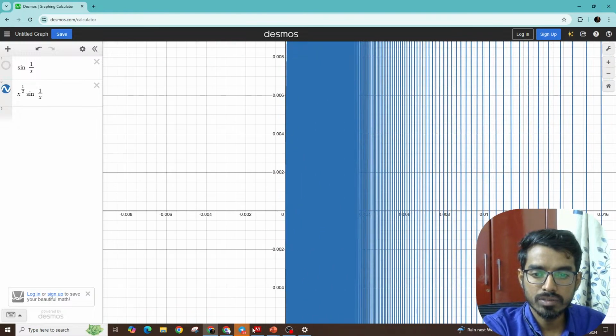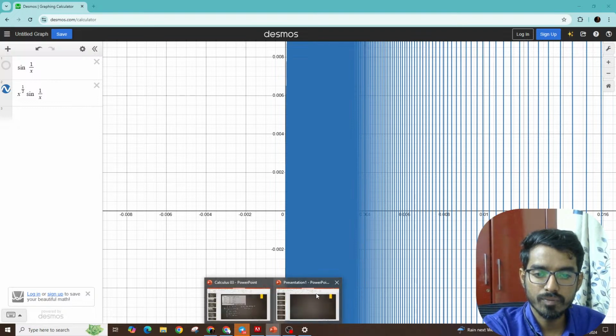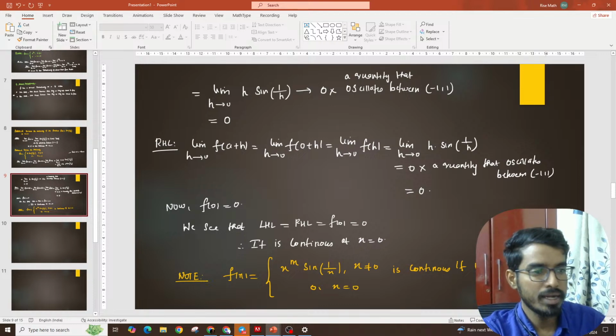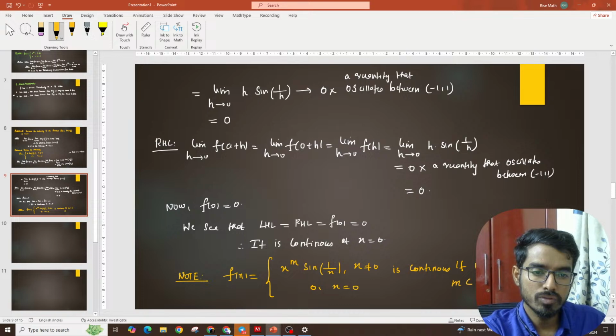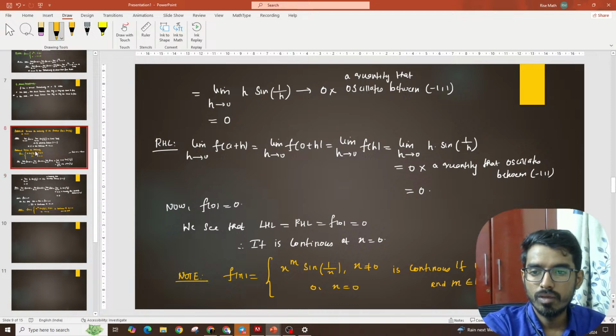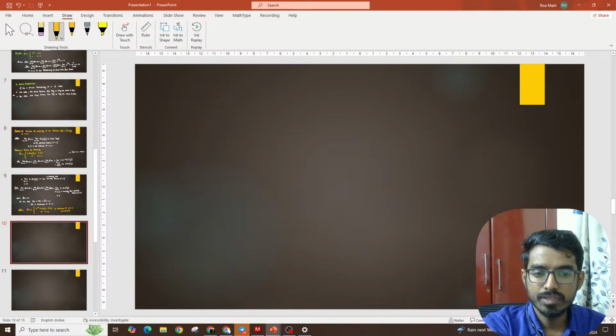So we'll redefine this: m greater than 0, and m belongs to natural numbers. Then only this will work, right? And m belongs to natural numbers. Okay. So we'll move on to problem number 6.